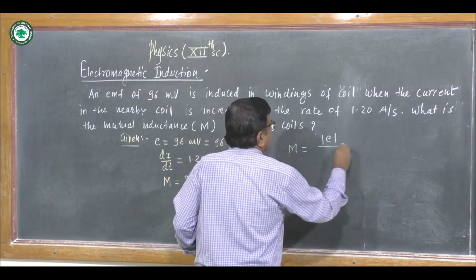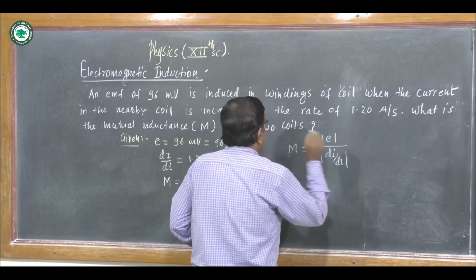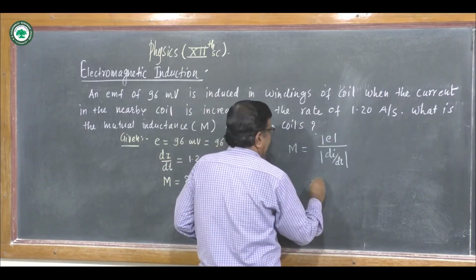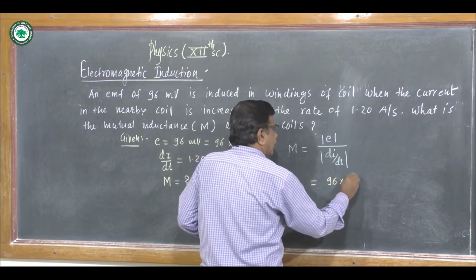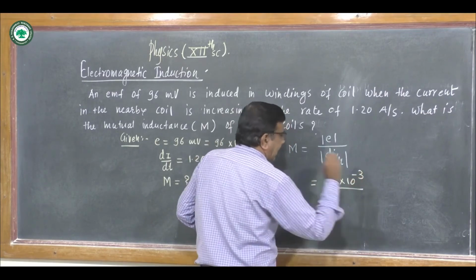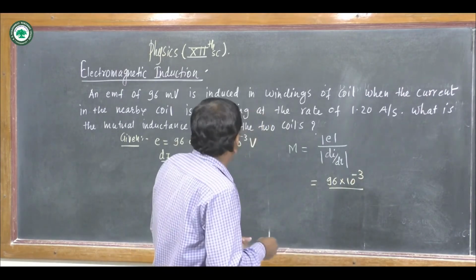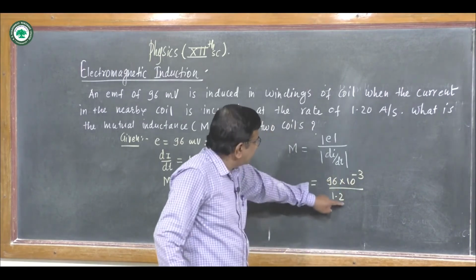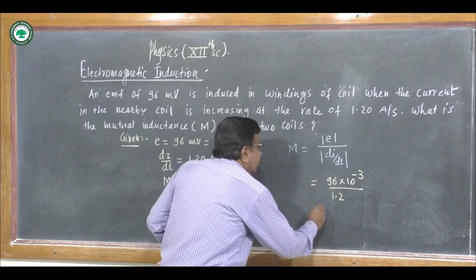M is E upon di upon dt, which carries half mark, is 96 into 10 raised to minus 3 divided by 1.2. This ratio is 80, 96 upon 1.2, a simple ratio.